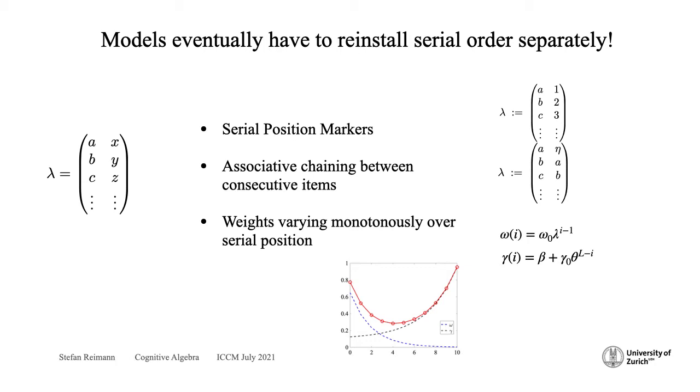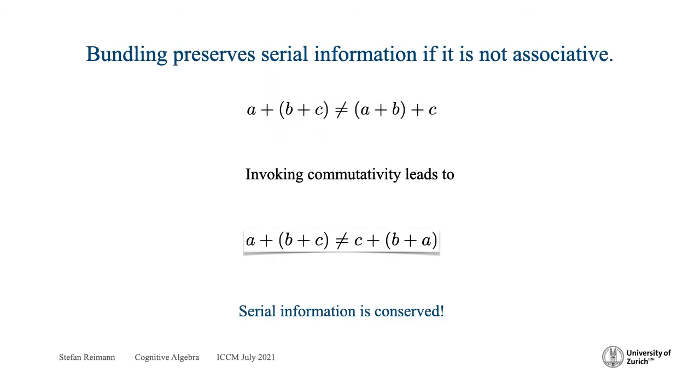Sequential chaining is used to code serial position in relative terms. Weighting functions are introduced, mimicking primacy and recency effects along serial position. But the loss of serial order information can be avoided if, instead of common vector addition, a bundling operation is used which is not associative.